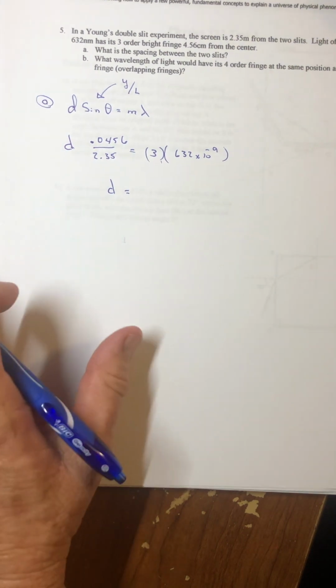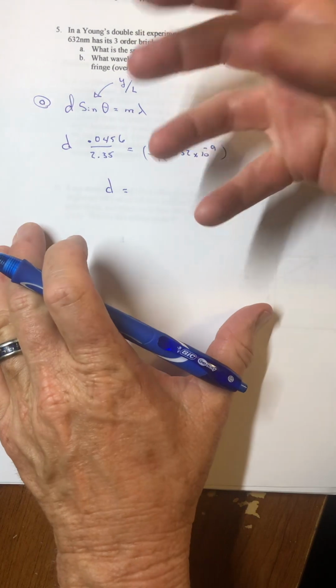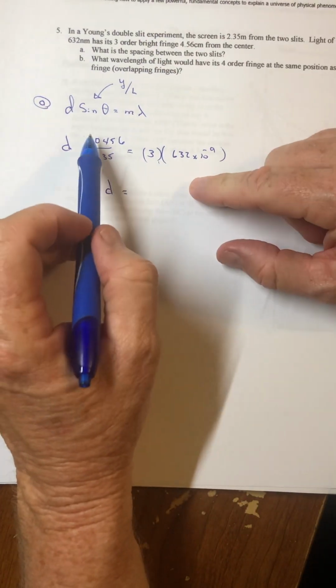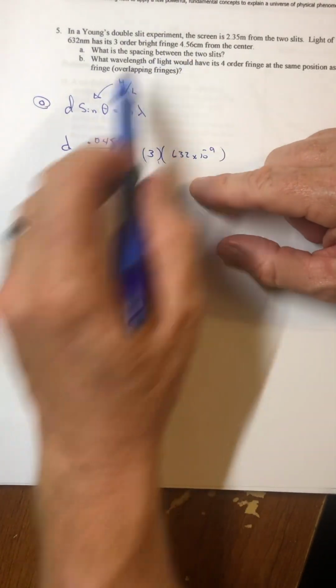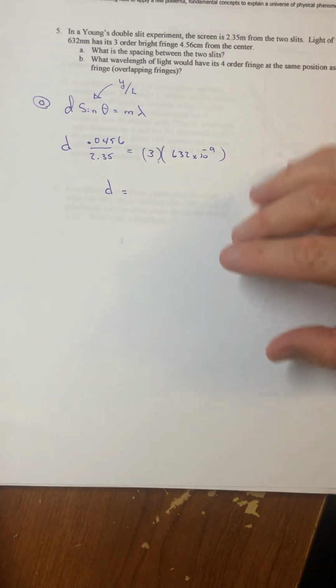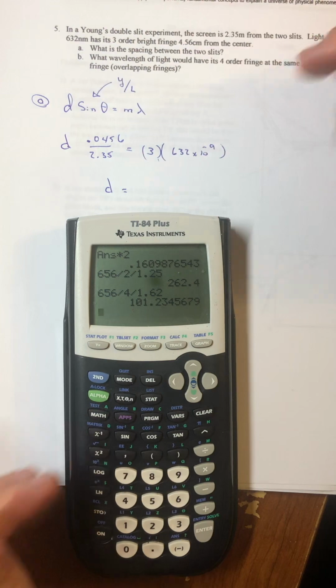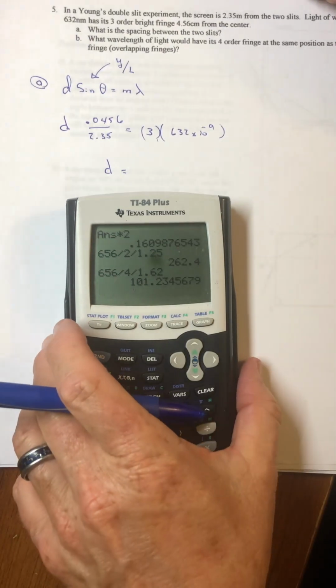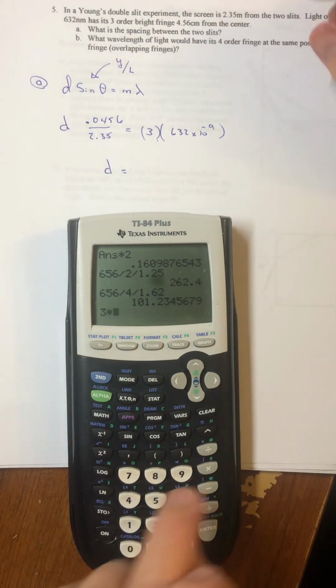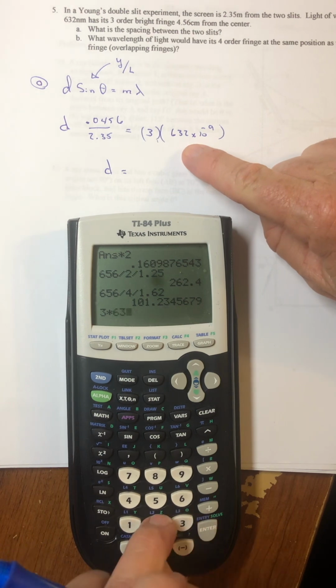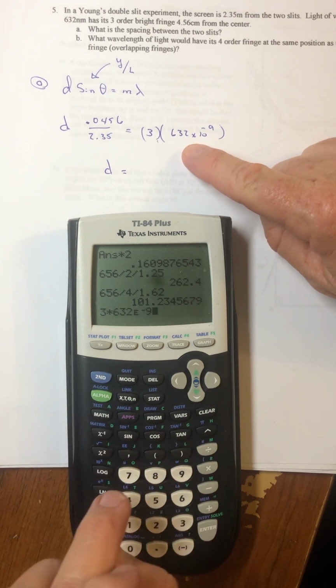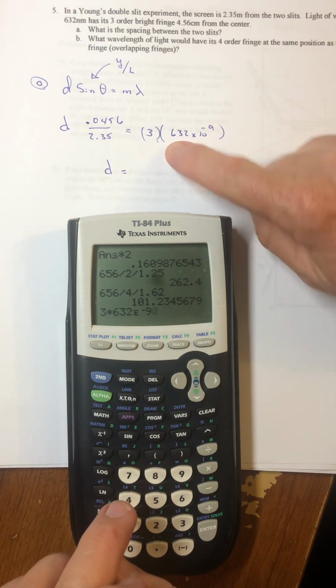And so this one, like I said, is plug and chug, but it is a little hard to remember what each of these words mean. And so that's probably the challenging one on this one. If you know what each of those means, this one hopefully went pretty straightforward. So 3 times 632 times 10 to the minus 9 meters.